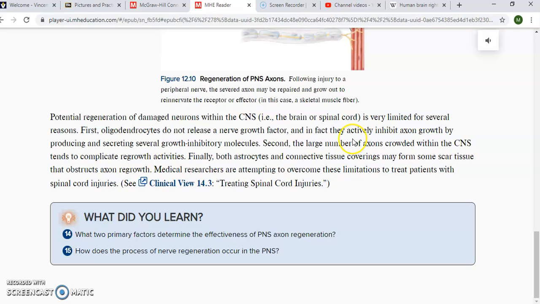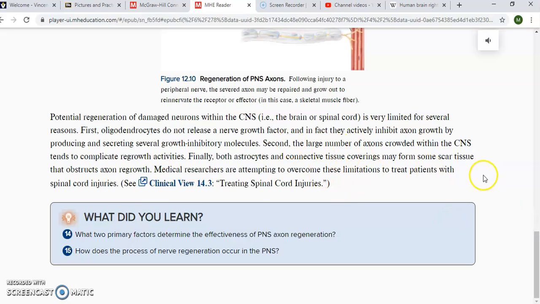They can actually inhibit or stop axon growth because they produce these certain molecules. So they can actually kind of prevent that. And I'm not sure why they will do that, but that's one factor that prevents the regeneration of nervous tissue, specifically neurons in the brain and spinal cord.